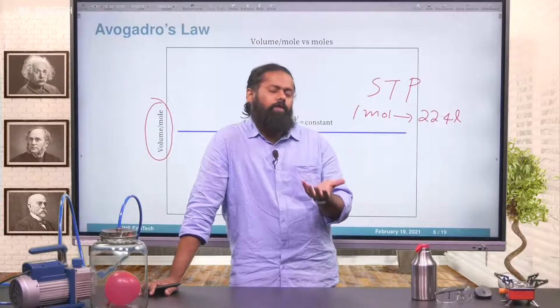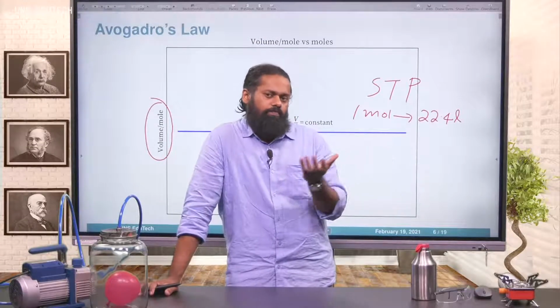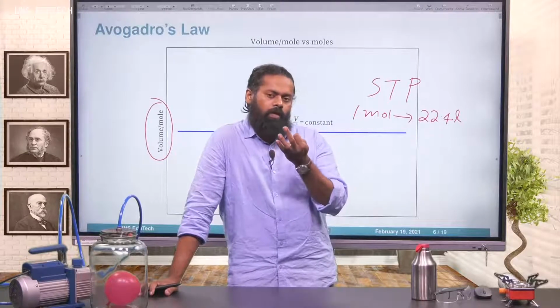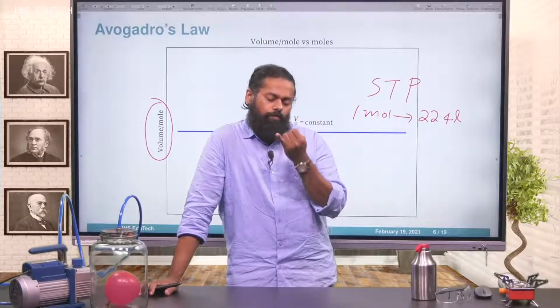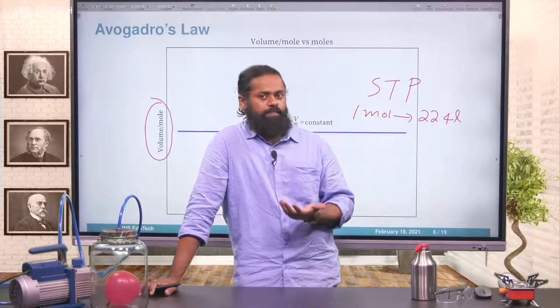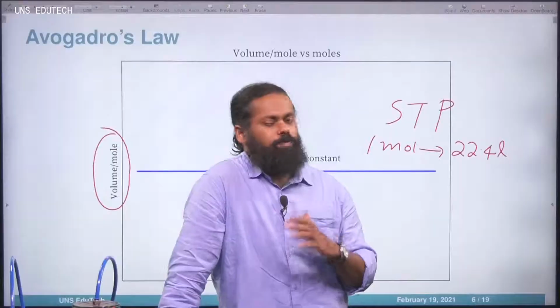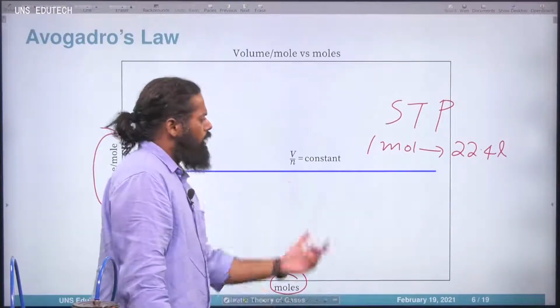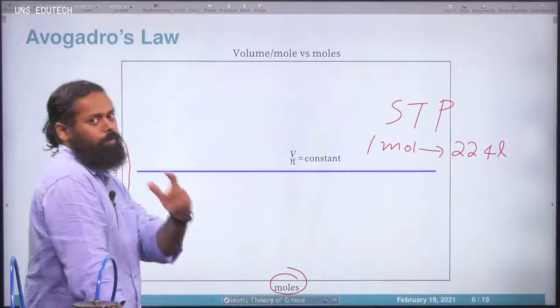Charles law, Boyle's law, Gay-Lussac, Avogadro, sorry, 4 laws you have to thoroughly understand, so you should be able to do problems based on that. That is the sole purpose of today's session. Keep that in mind. We are not going to explore so many things today. Only this much concept should be thorough in your mind.